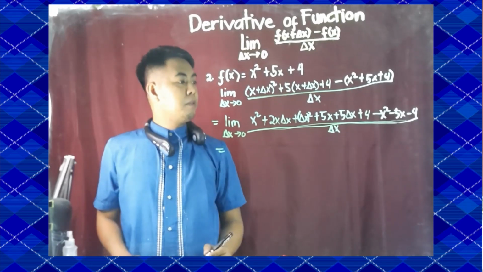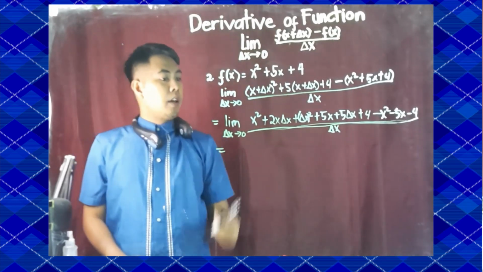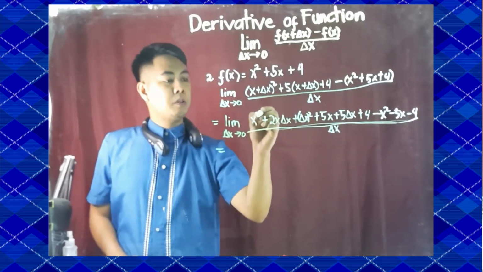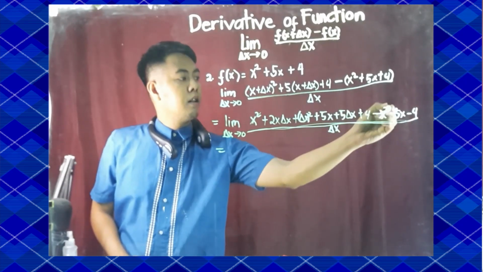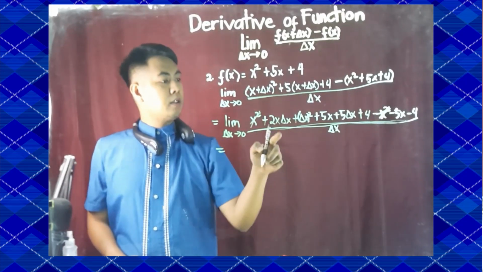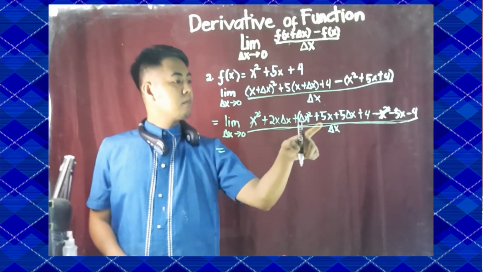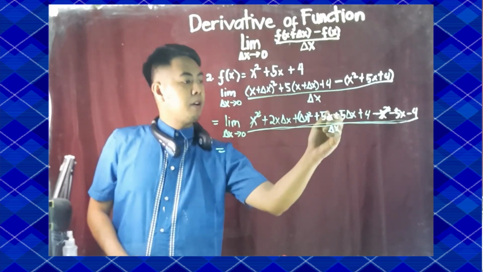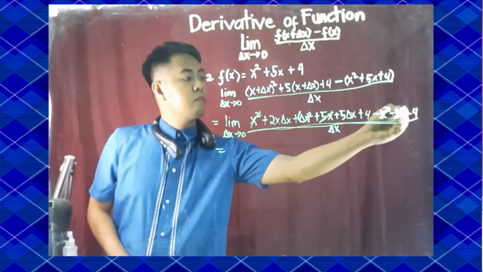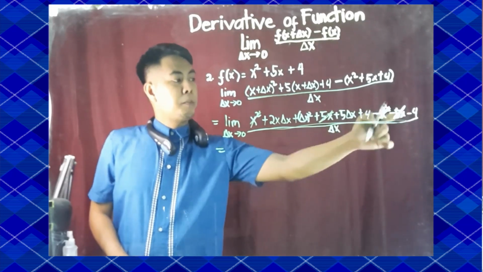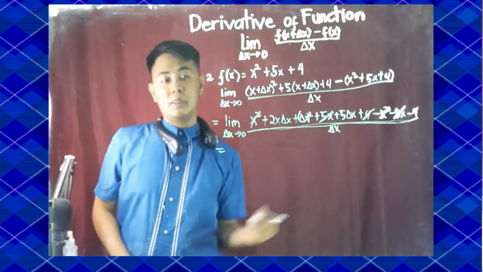So let's simplify. X squared minus x squared, so that is cancelled. Next we have 5x minus 5x, cancel also. 4 minus 4, that is 0.